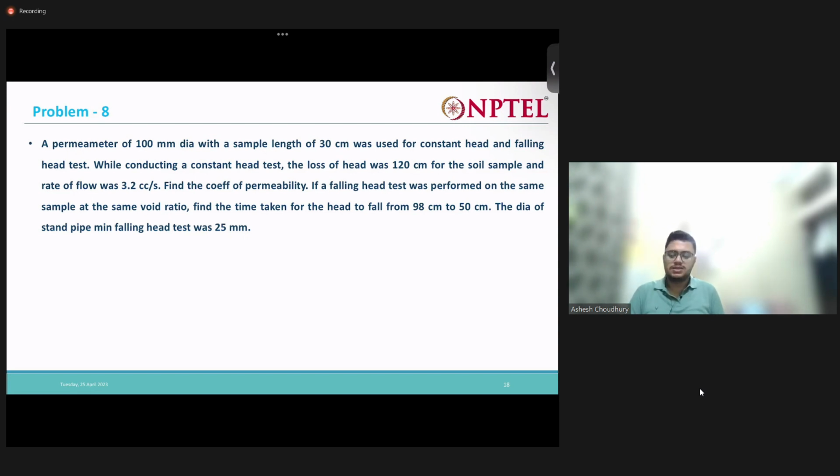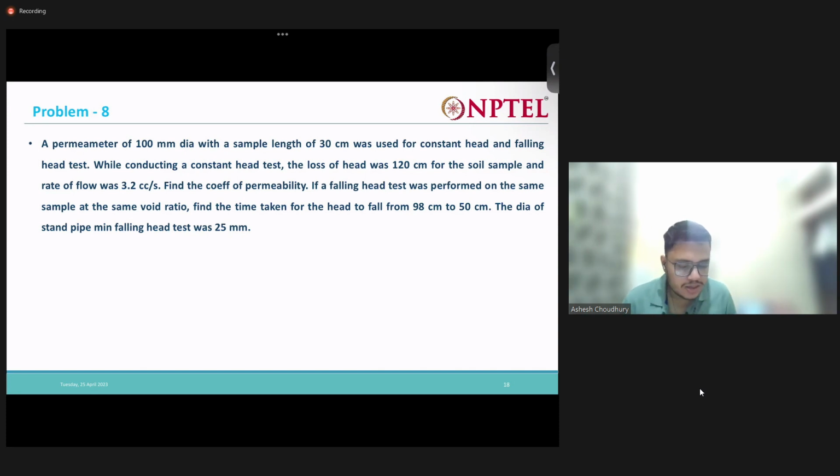There are many tests: falling head test, constant head test, and the Packard test. So we studied all those things. This problem 8 is from one of the permeability tests, the falling head and the constant head test.